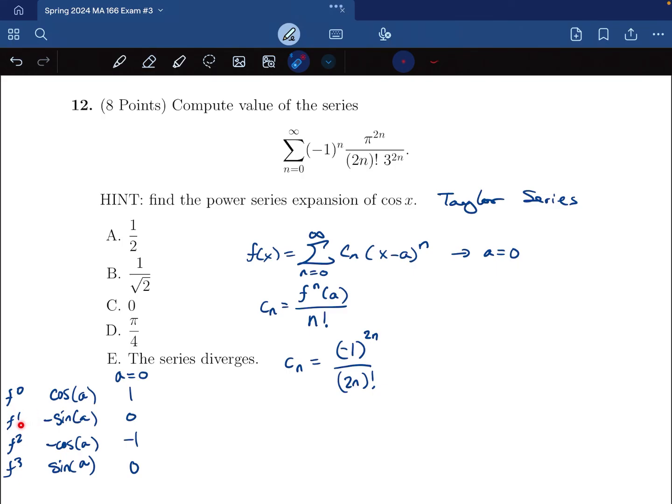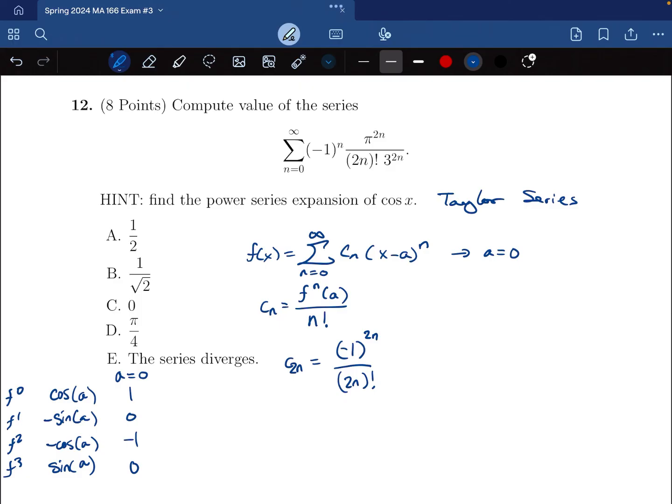When n is an odd number in our original formula, Cn evaluates to 0. So all that matters is the coefficients of the even degree polynomials. So basically now I get Cn is equal to negative 1 to the power of n divided by 2n factorial.